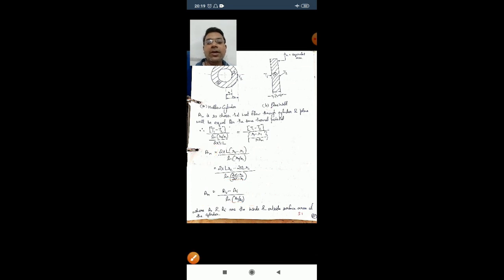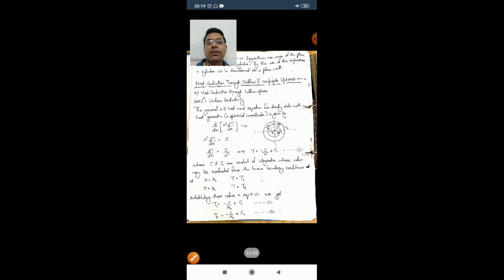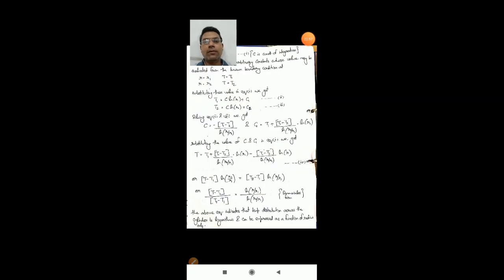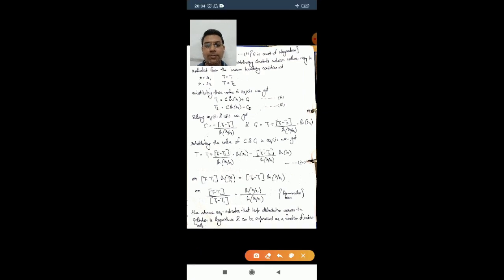Now moving to the next part, which is heat conduction through hollow and composite sphere. Sorry, due to wrong sequencing of pages, some matter got mixed up. Therefore, I am correcting a few of the things which I have told you previously. Till now, I have come up to this point.